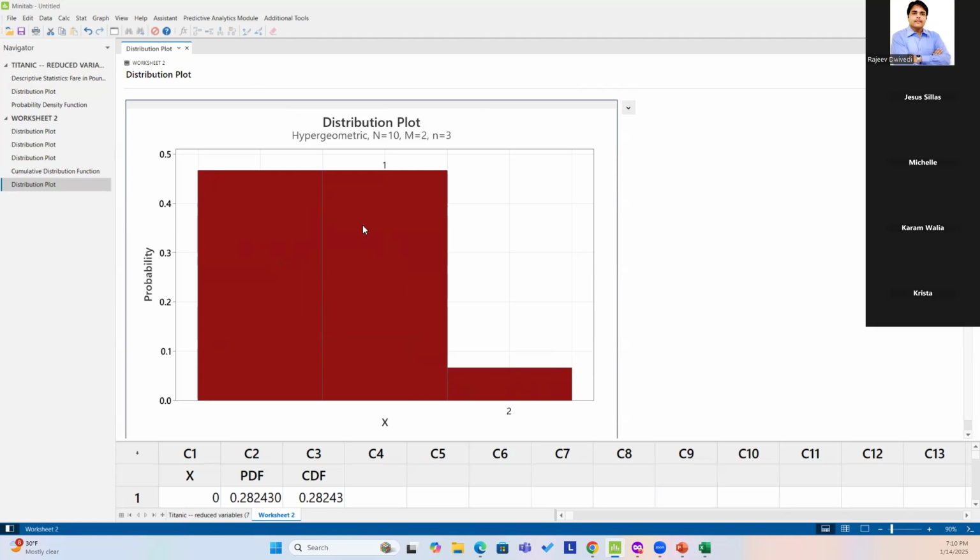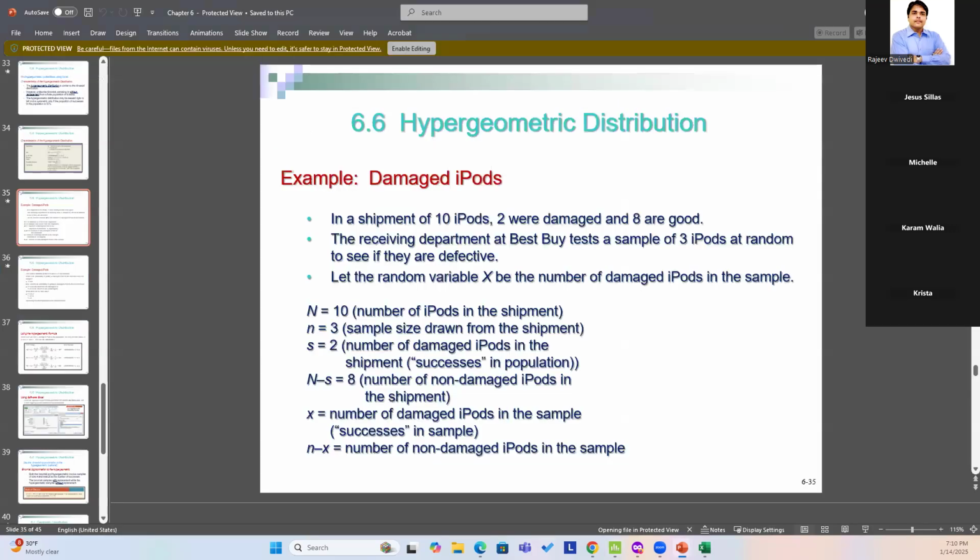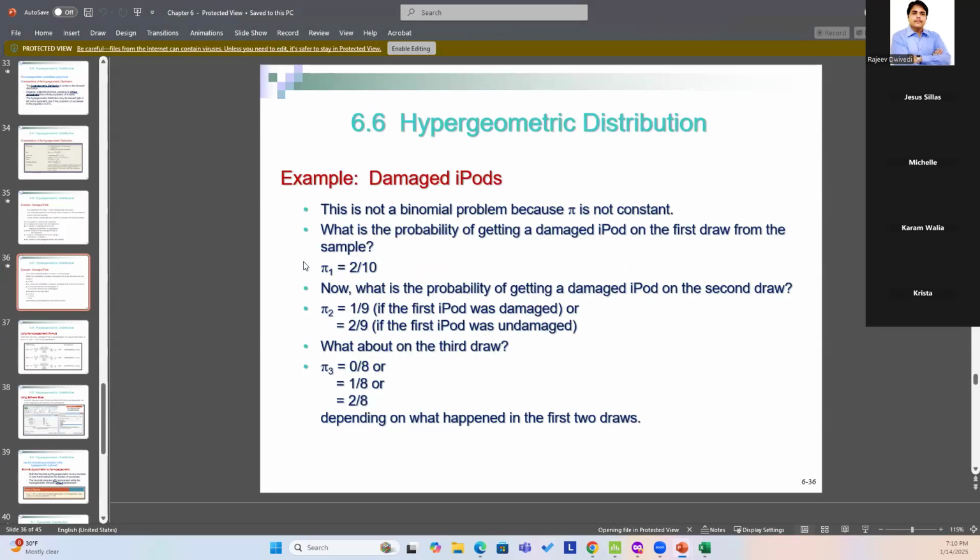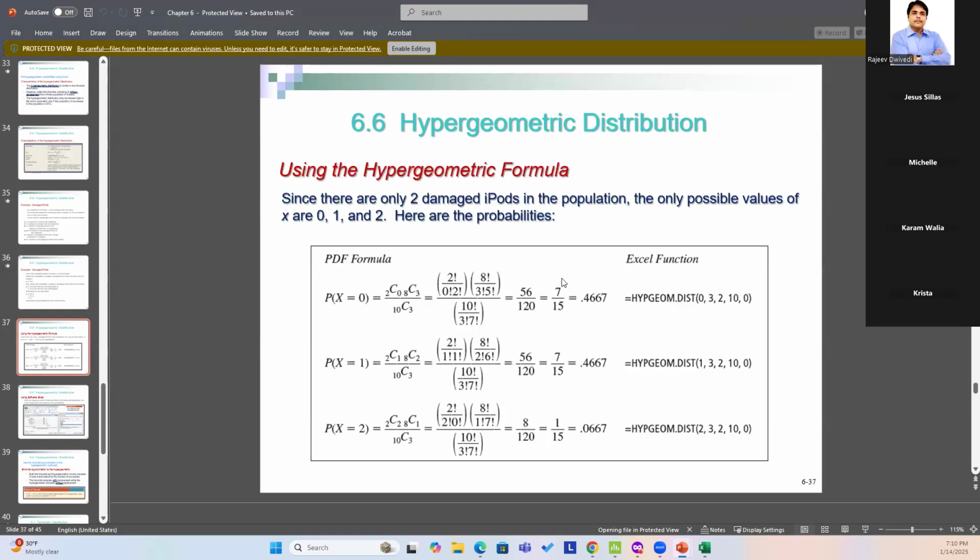So this is cumulative. Up to 1 defective is 46 plus 46 something. So this is the way we can do it. Here you can see the answer, 0 equal to 46%, 1 equal to 46%.